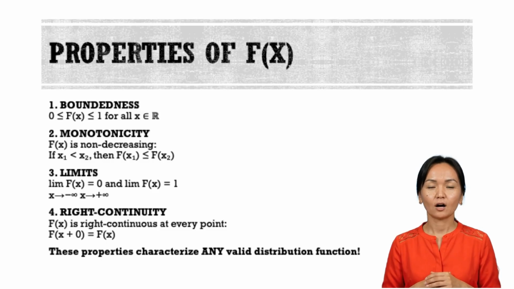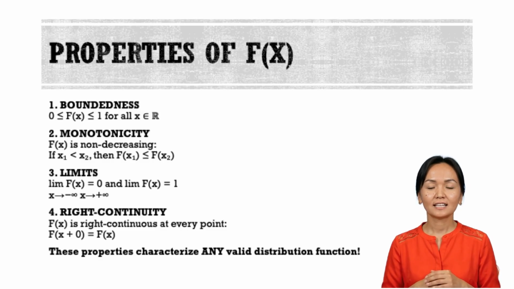The probabilities are 1/4 for 0 heads, 1/2 for 1 head, and 1/4 for 2 heads. To construct F(x), we start with F(x) = 0 for x less than 0. Then for x between 0 and 1, F(x) = 1/4. For x between 1 and 2, F(x) = 3/4. And for x greater than or equal to 2, F(x) = 1.